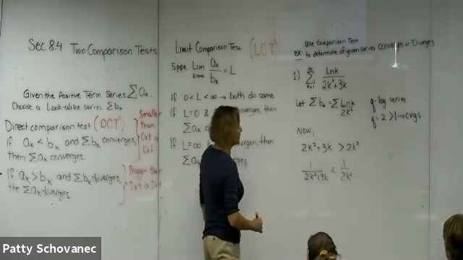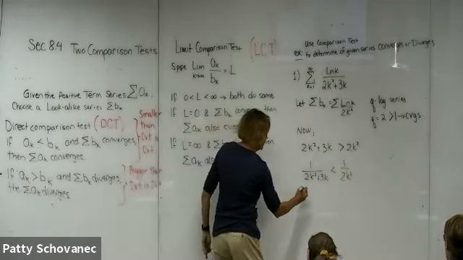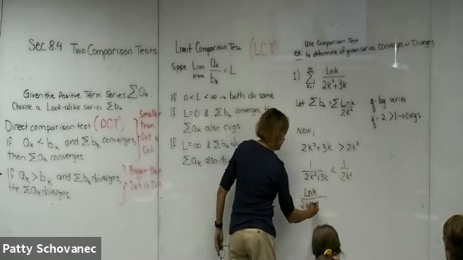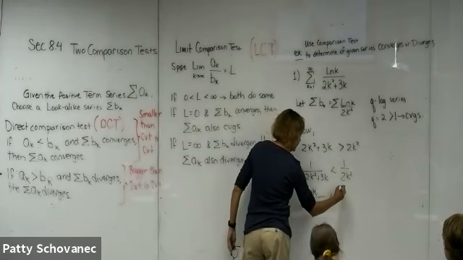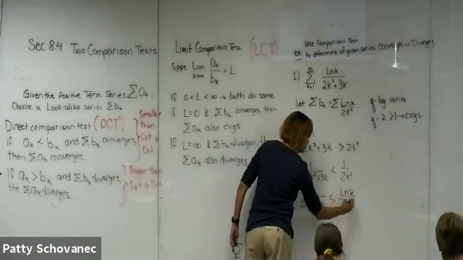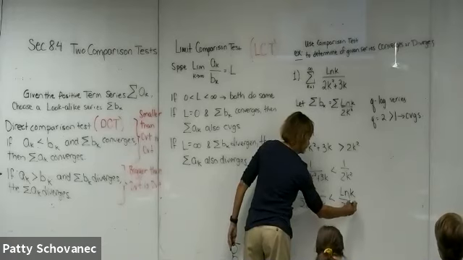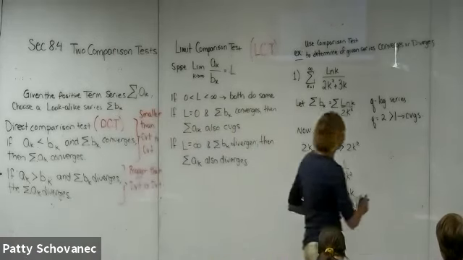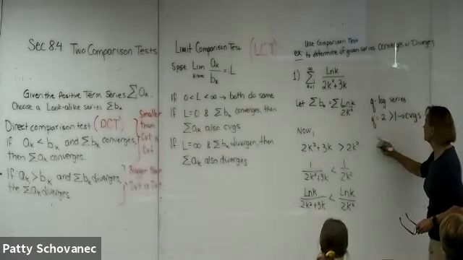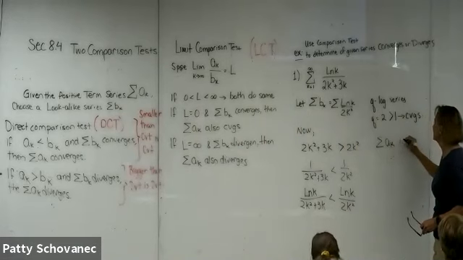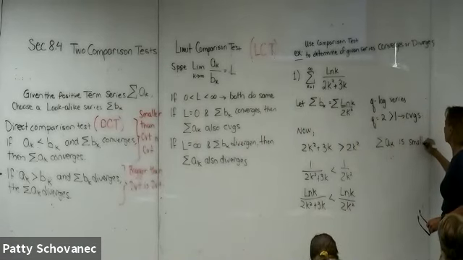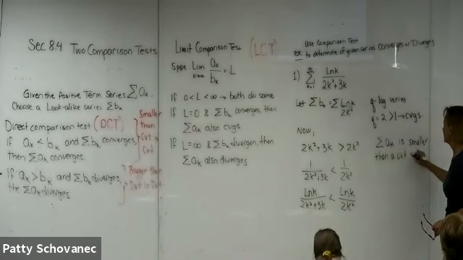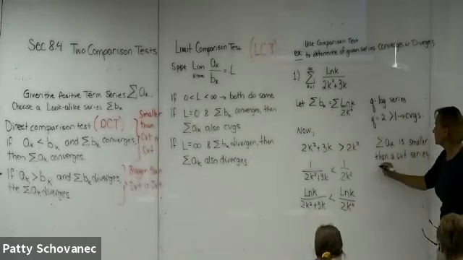And now if I multiply both sides of that inequality by the natural log of k, I have that my given series is smaller than a convergent series. And so now I state my conclusion. Our series is smaller than convergent, so it converges.